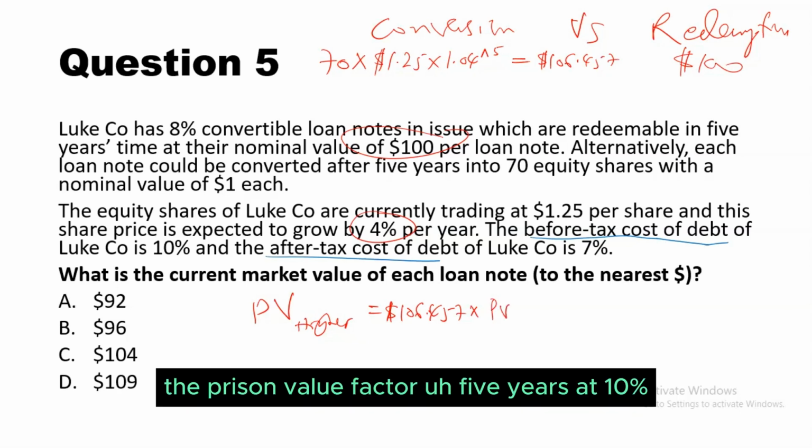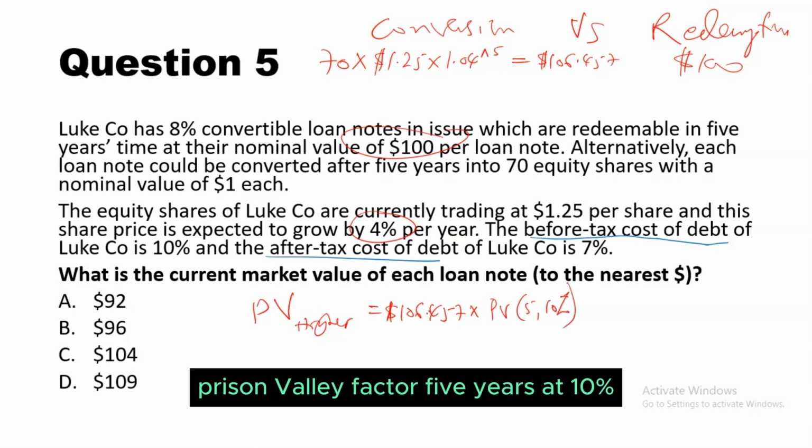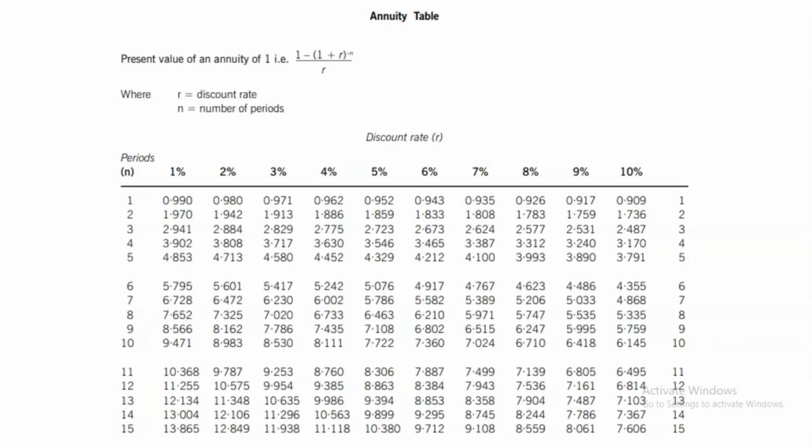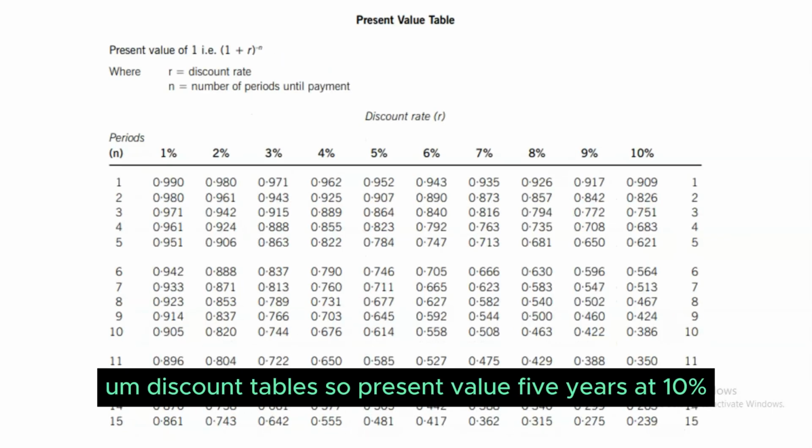The present value factor 5 years at 10%. We are going to be given some discount tables.